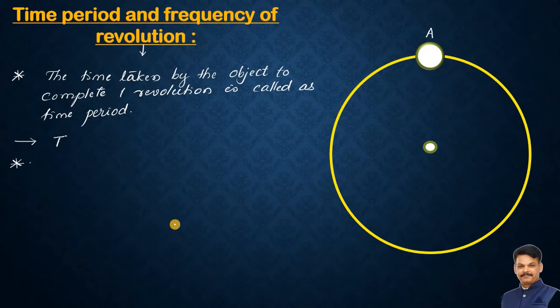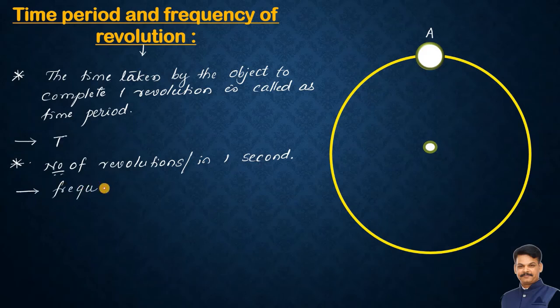If the object continues to move in the circular path, and if we count the number of revolutions made by the object in 1 second, then that count, the number of revolutions made by the object in 1 second, is called the frequency of revolution.